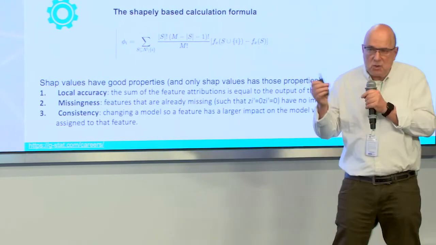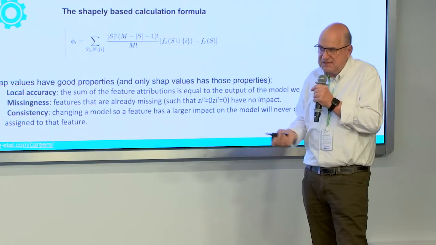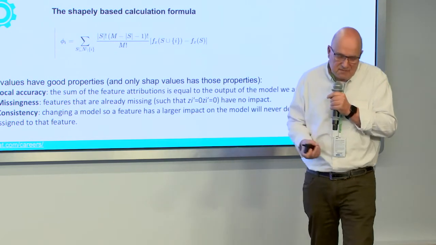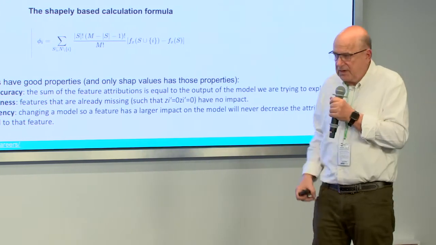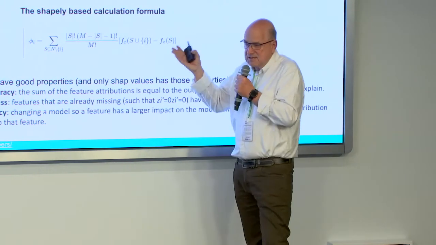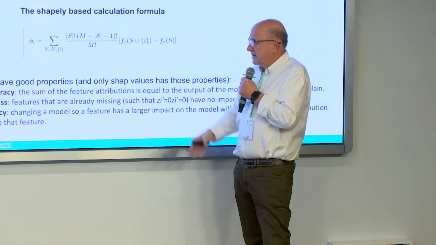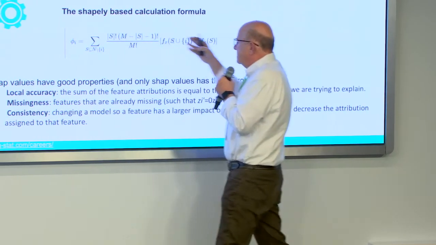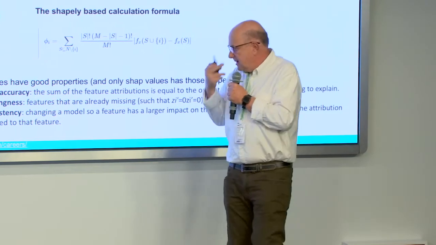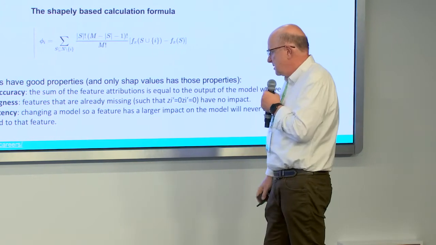And when we look at all the possible coalitions for a specific variable and we average it, we receive a value which is called Shapley values, which reflect the effect of that feature on the dependent variable, the phi. So this is the formula, and then we receive it.